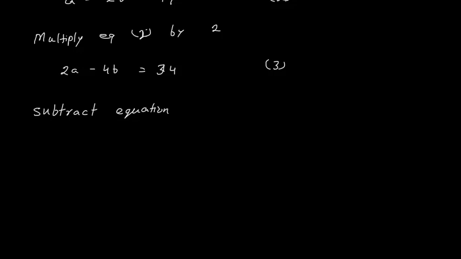So equation 3 first we will write 2a minus 4b is 34, and equation 1 we will write 2a minus 7b is equal to minus 12.